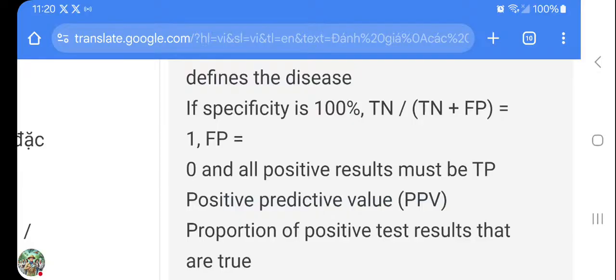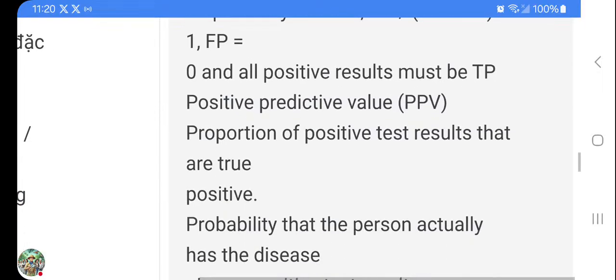Simply like that, and all positive results must be true positive. Because the false positive equals 0, all positive results are true positive, just from the formula and from the table. We can interpret it like that. Not difficult, right?